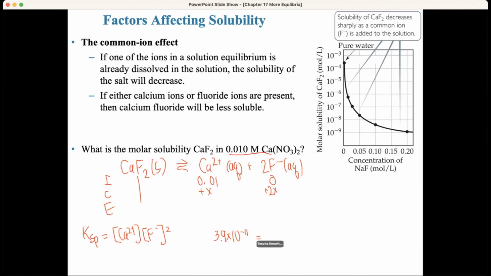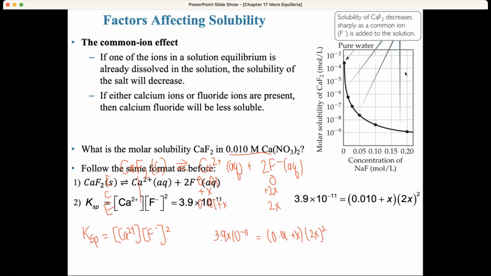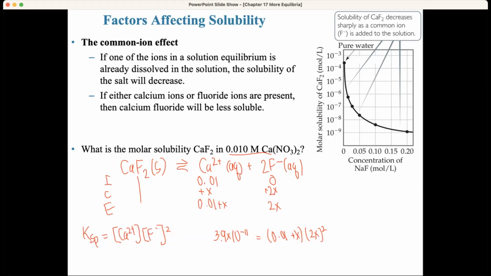Equals 0.01 plus X and then 2X squared. I'm thinking we probably get to get rid of a plus X. Yep. Okay, sorry about that.